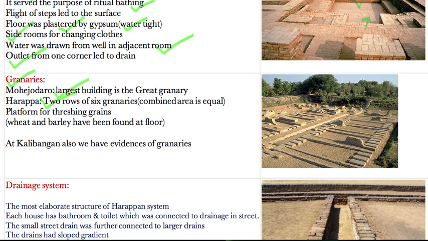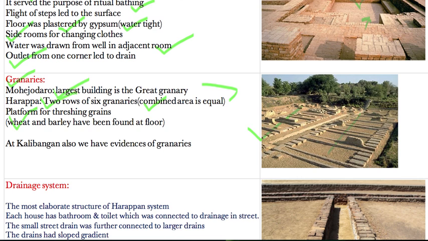So the combined area of these 6 granaries is equal to that of the single granary at Mohenjo-daro. And this is the picture of that Harappan granary. As you can see, there are 2 rows and 6 small granaries. There was also a platform for threshing of grains. Wheat and barley have been found on the floors.